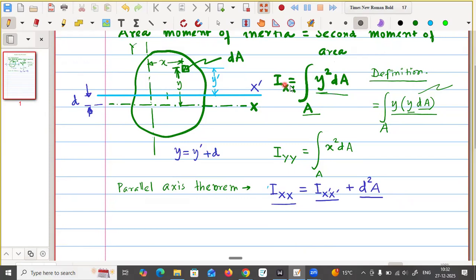Again, if you just determine the values of I x prime and Ixx just by using this definition, so what you will get? Let me show. So let me show these two differently. That means this one and this one.